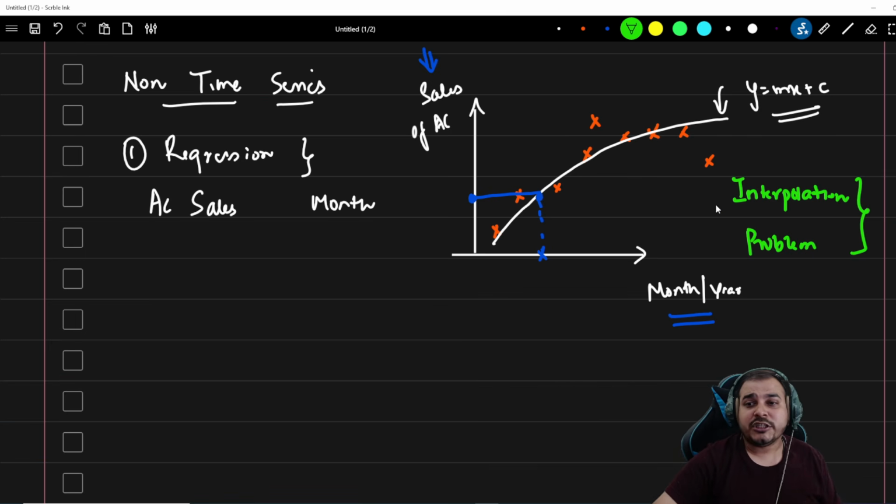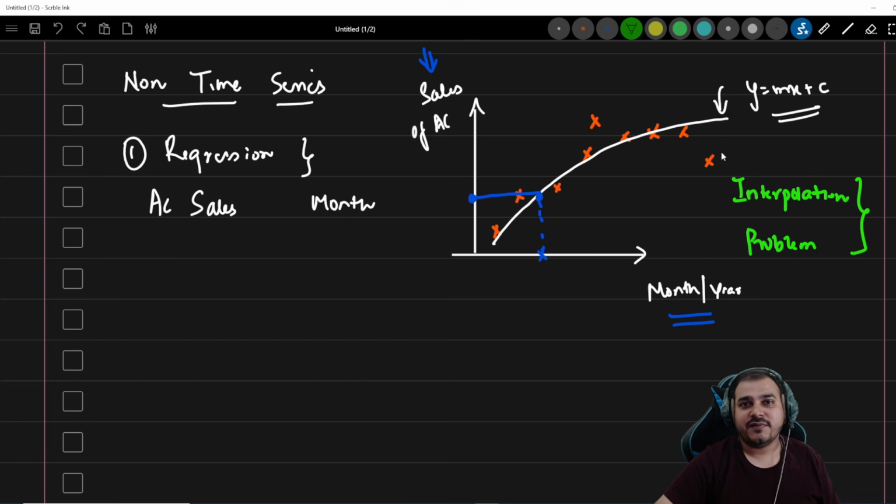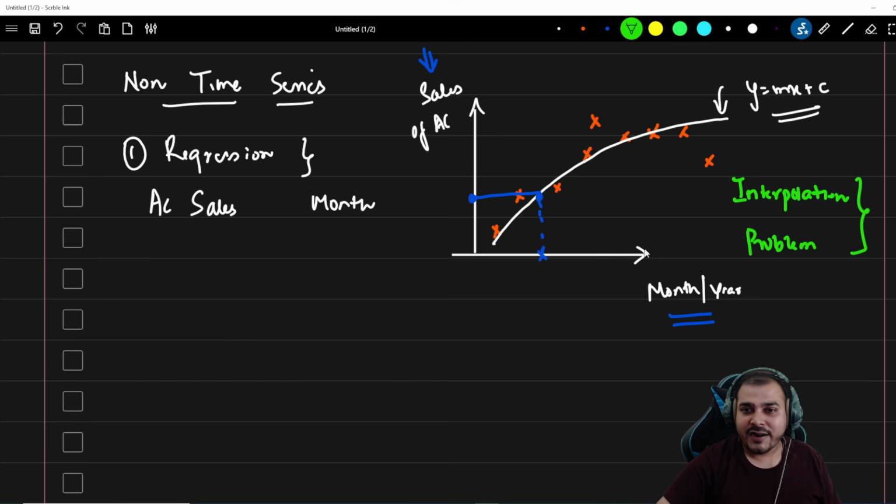With respect to an interpolation problem, whenever you have specific data, you will be trying to predict the output based on that specific date range. Suppose if I extend this till here, right, with respect to any kind of date within this range, most of the time you will try to predict it.